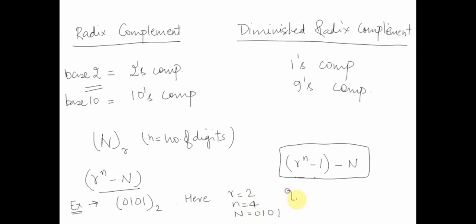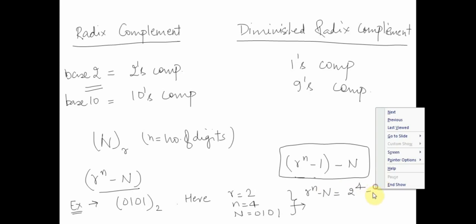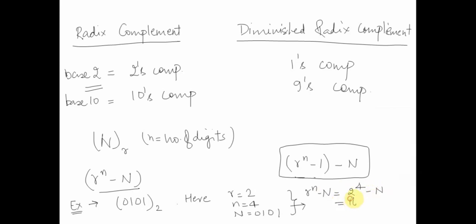In such a case, my radix complement would be equal to 2 raised to power 4 minus N, which is 16 minus N. Whereas my diminished radix complement would be 2 raised to power 4 minus 1 minus N, which would be nothing but 15 minus N. Correct?